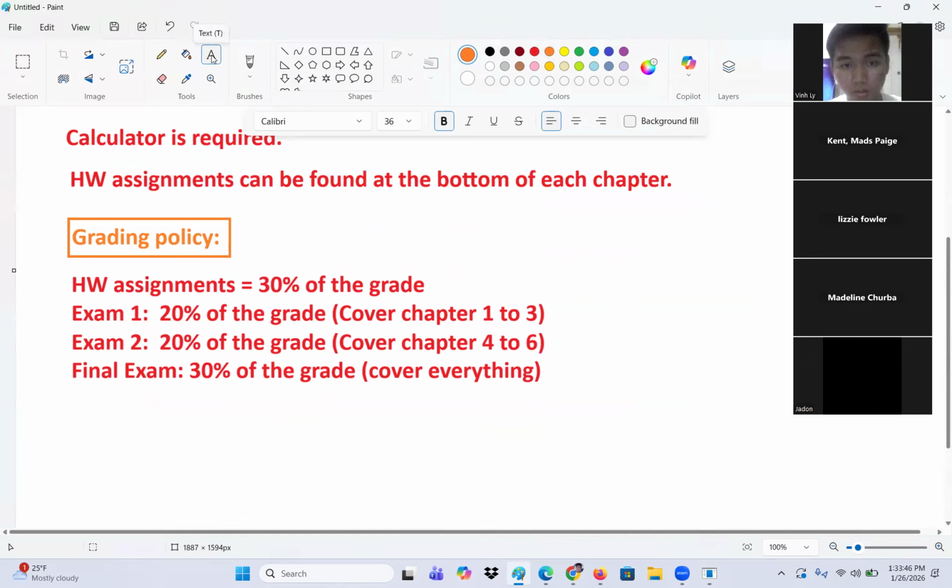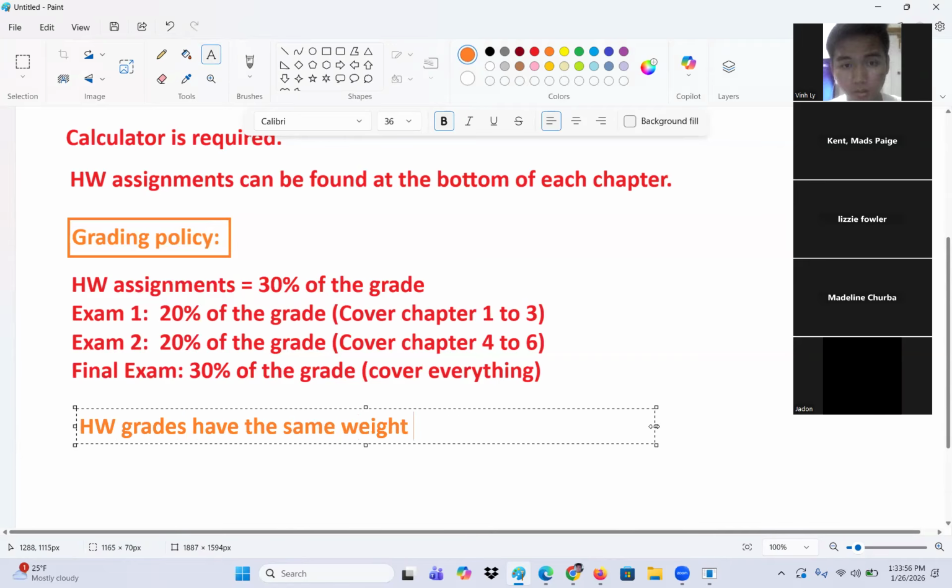Homework has the same weight as the final exam. Of course, the homework is going to be worth more than any one of the exams that we have.